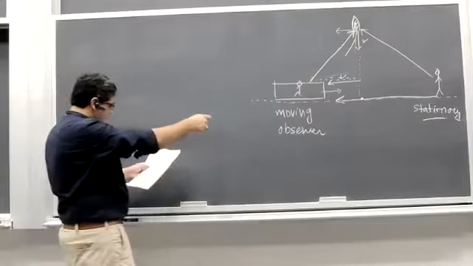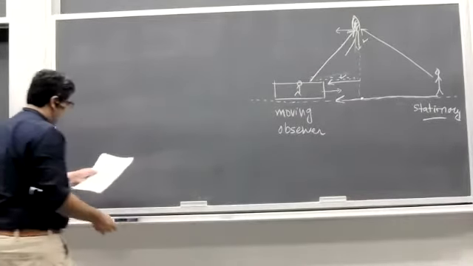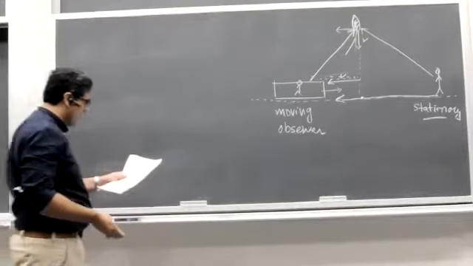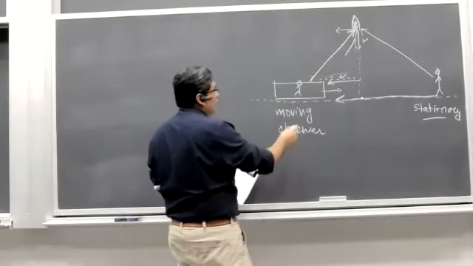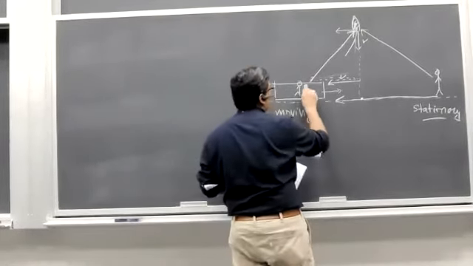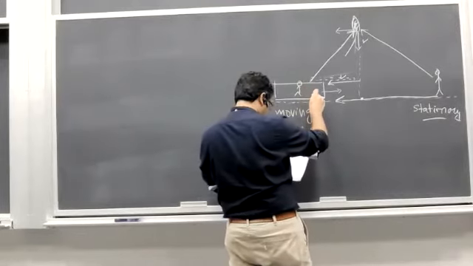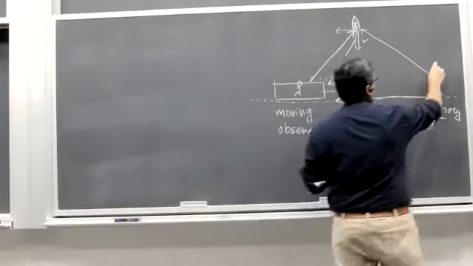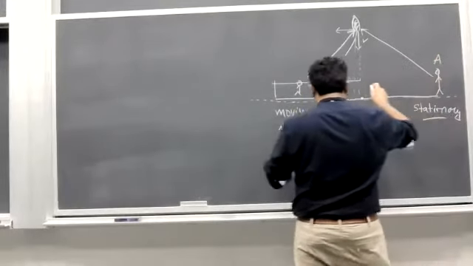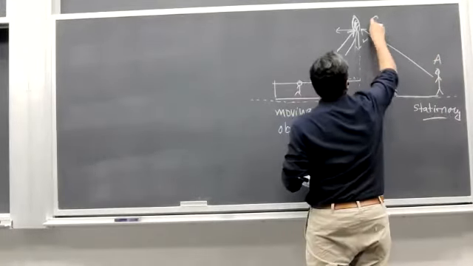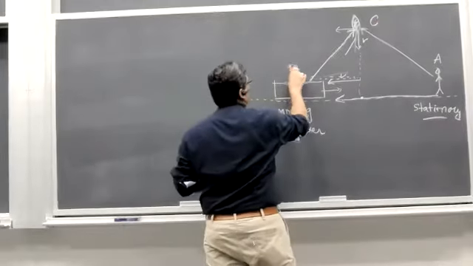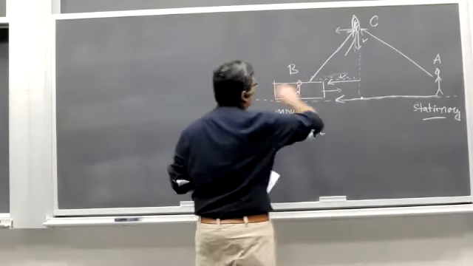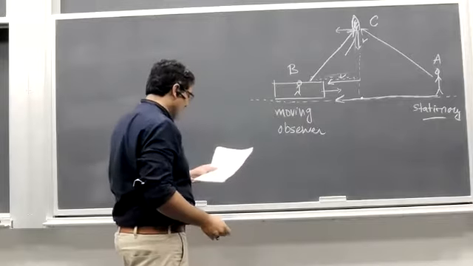So now you can write the velocities of these objects in a frame of reference. Let me just label them first correctly. Let's call the stationary observer A, the moving observer B, and the droplet C.